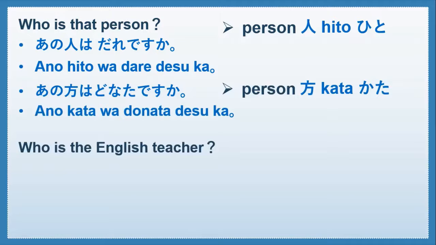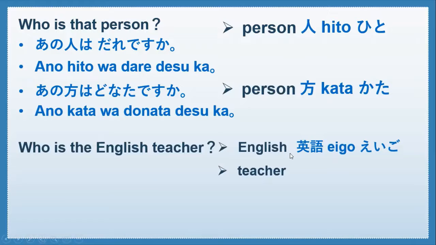Now let us look at another example. Who is the English teacher? English in Japanese is 英語, eigo, and teacher is 先生, sensei.